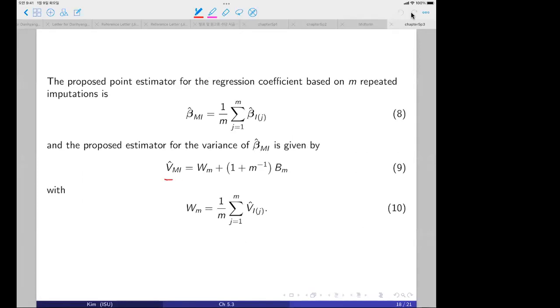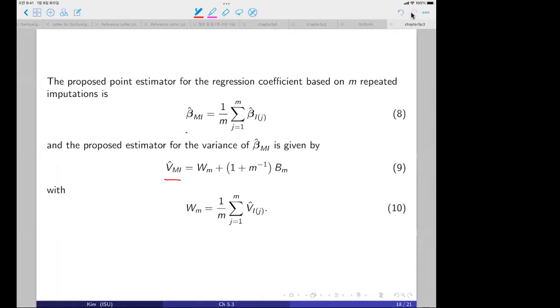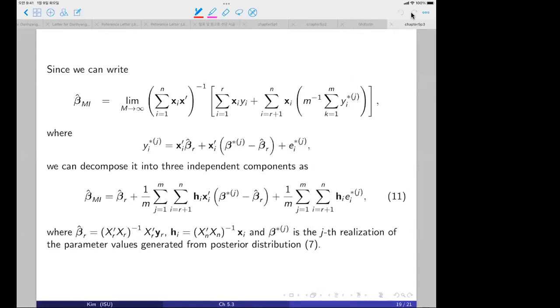Then you can use this imputed regression coefficient and construct the multiple imputation, right? And then the multiple imputation variance estimator. Basically, you can decompose it into three parts.